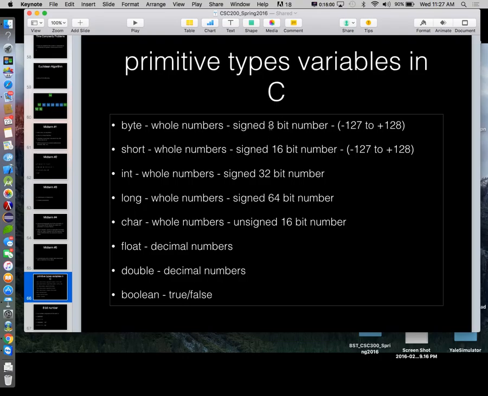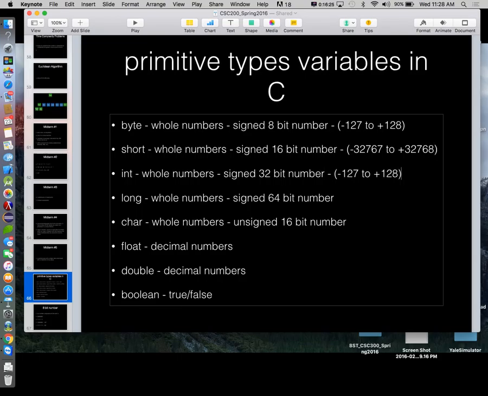So for a byte, plus or minus 2 to the 7th power. For a short, plus or minus 2 to the 15th power, because one of the bits is used for the sign. So this is negative 32,767 to positive 32,768. That's the range of values that fit inside of a short.